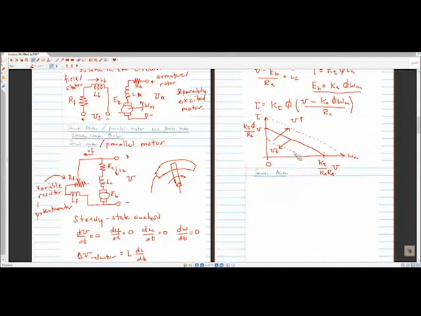Yes? Is peak power output at one of those two extremes, or somewhere in the middle? Yeah, we'd have to, that's a different relationship. The question is about peak power. Power is torque times angular velocity, so to look at peak power we would look at P equal to torque times omega m.